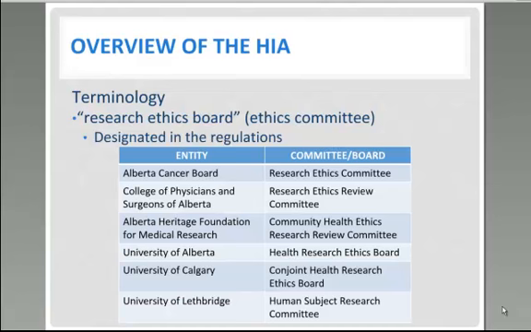So the regulations under the HIA have designated 6 specific REBs, as we call them, as those that may undertake the requirements in the Act that relate to ethics committees.